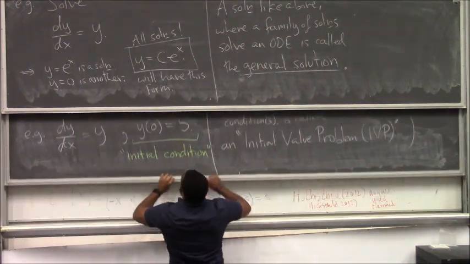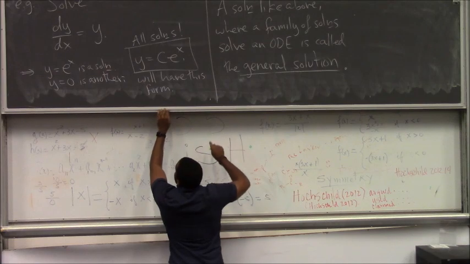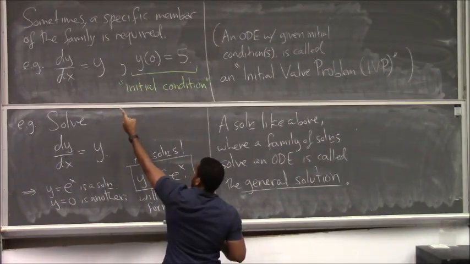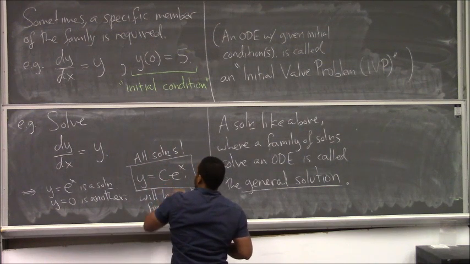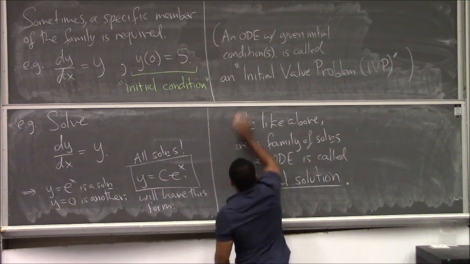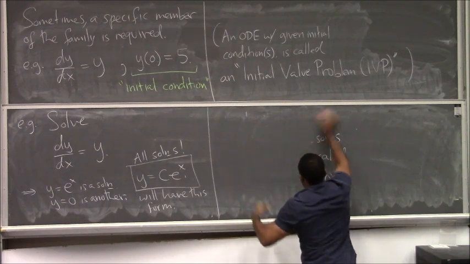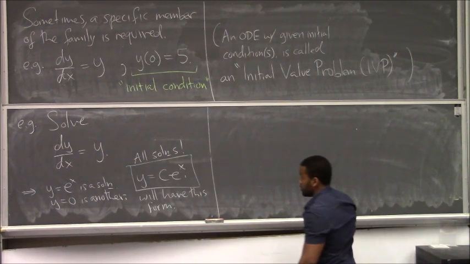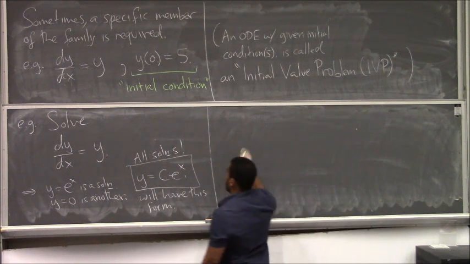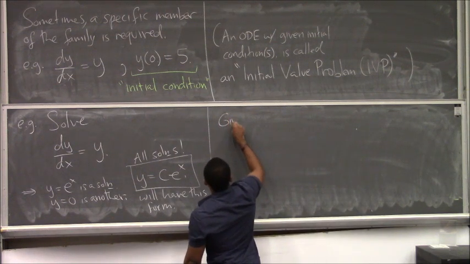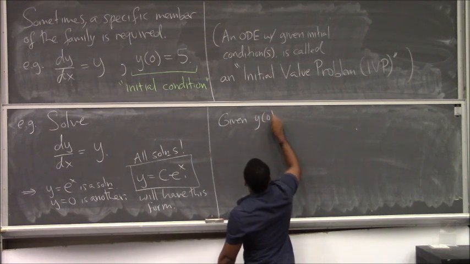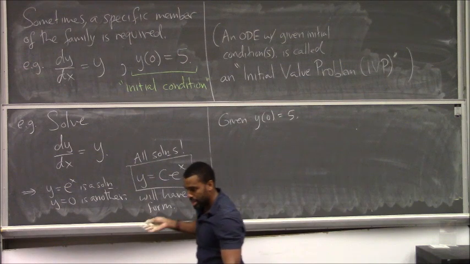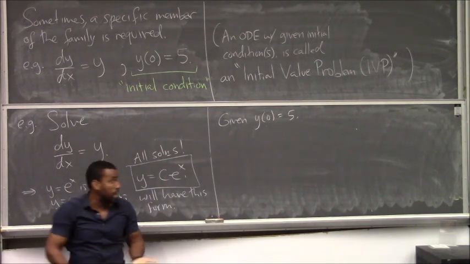So now, we've already solved that one. We know that this is the general solution here, right? So now, all we have to do, given an initial condition, so given that y of 0 equals 5, is take the family of functions and plug in the point that I was given and solve for the constant, right?